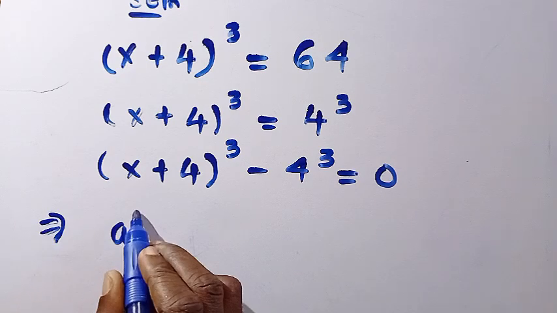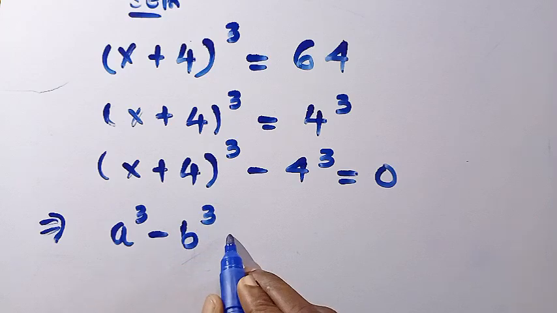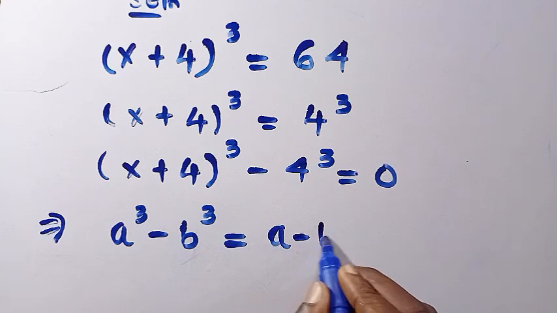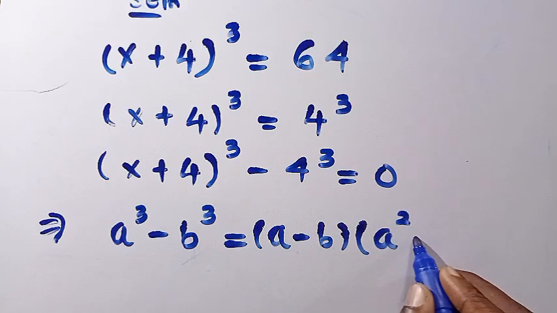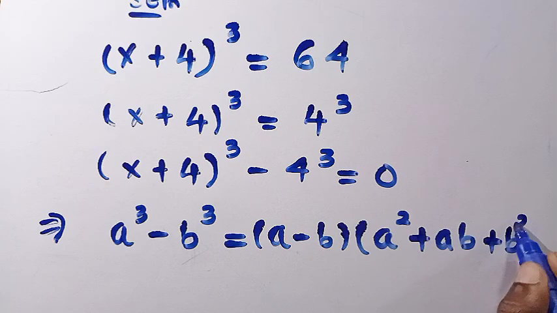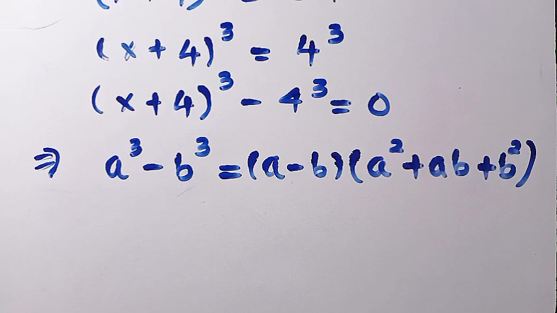Suppose we have a^3 minus b^3. This equals (a minus b) multiplied by (a squared plus ab plus b squared). So this is the difference of two cubes.